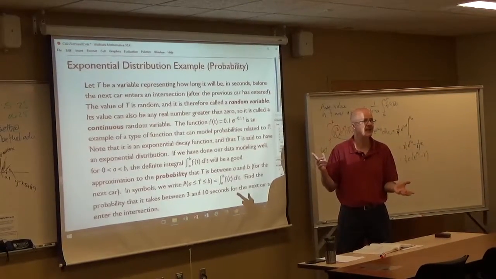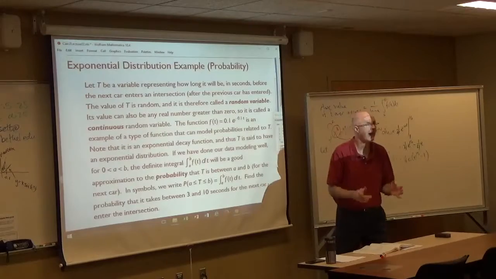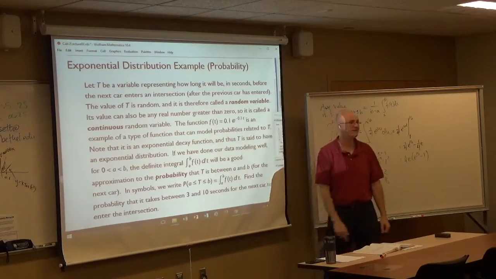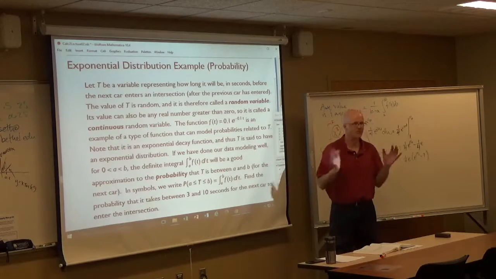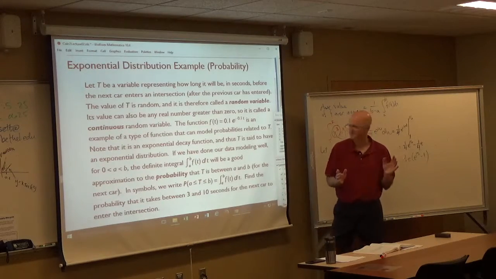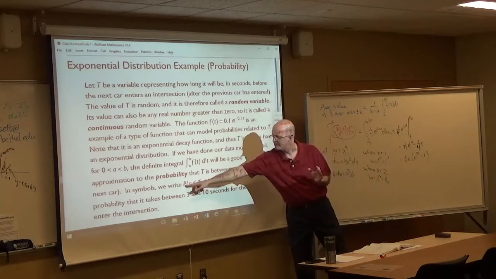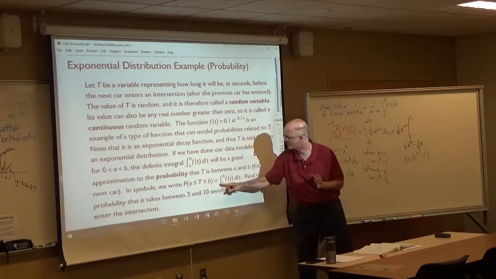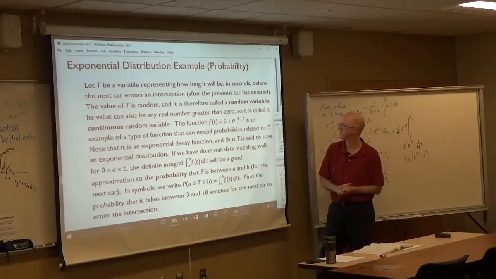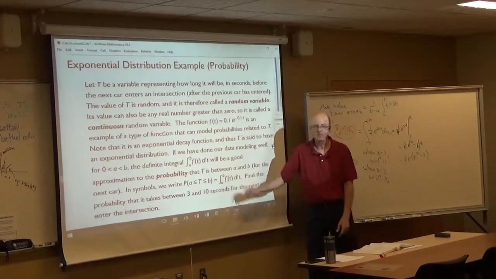Essentially, I'm just telling you the answer without explaining why. Integrating that function over this interval from 3 to 10 is going to give you the answer. I'm not explaining why. This P means probability. The probability that t is between a and b is going to be the integral of this function from a to b.